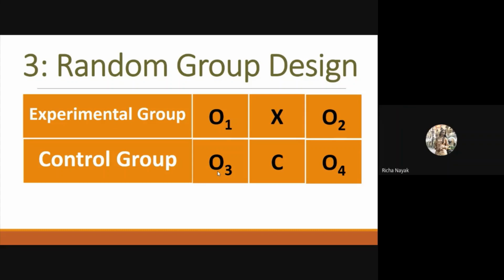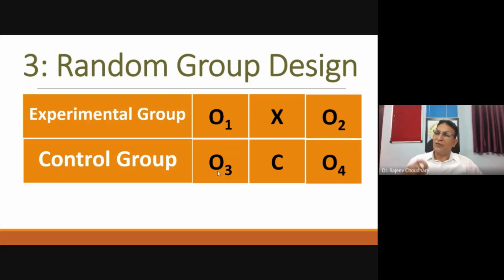Will this affect the study in a negative way or in a positive way? Sir, this depends on the value of the difference. You said this difference between O1 and O3 will affect your study, in a negative way or in a positive way? Sir, in a negative way. Yes, in a negative way.